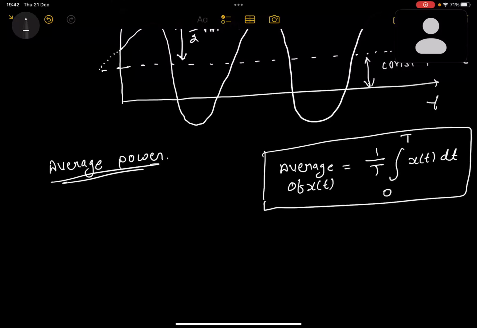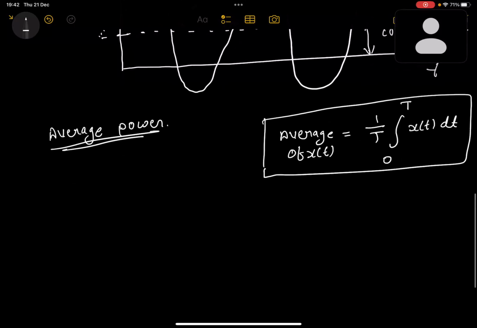Now you know what p(t) is. The p(t) formula is 1 by 2 Vm Im cos(theta V minus theta I) plus 1 by 2 Vm Im cos(2 omega t plus theta V plus theta I).